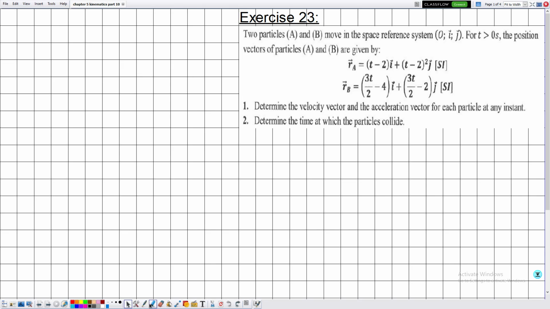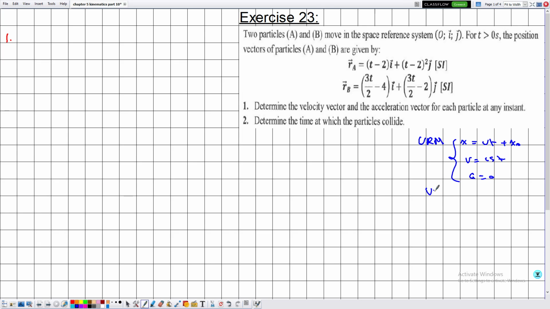Now in number 1 they are telling me to determine the velocity vector and the acceleration vector for each particle at any instant, and this can be done by studying the type of motion along the x-axis and the y-axis. Let me specify the equations of motion in one dimension. For the case of URM we have x equal to vt plus x0, v equal to a constant, and the acceleration equal to 0.